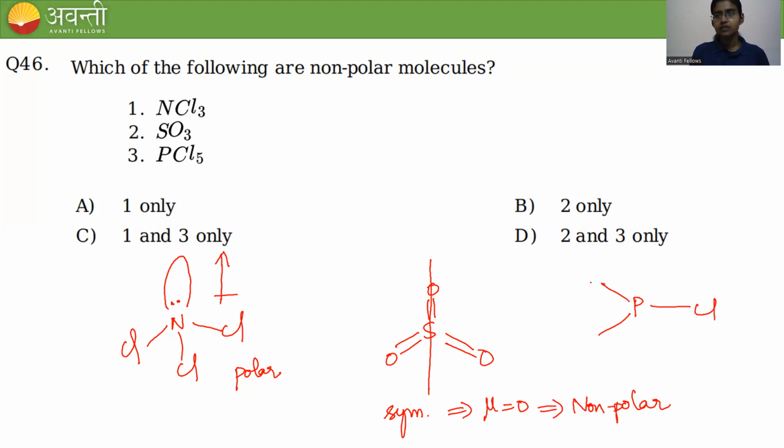PCl5 structure is trigonal bipyramidal, and here also from all the 5 sides, the chlorine pulls the electron equally from the phosphorus. So the bonds don't get polarized, same non-polar, and also the structure is symmetrical. So compound 2 and compound 3, that is SO3 and PCl5, they are non-polar molecules. So 2 and 3 is the answer.